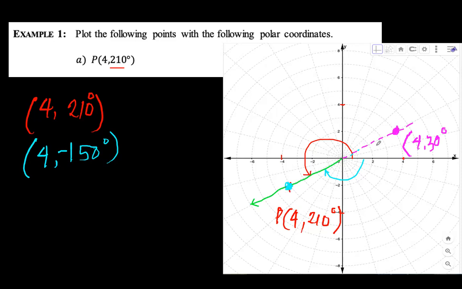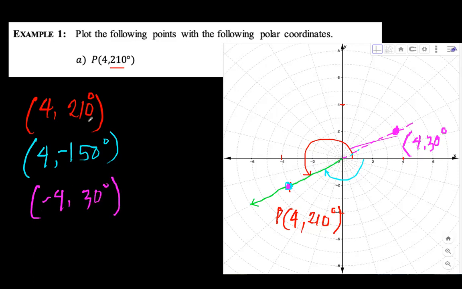Based on the rule, since they are opposite rays, we just need to convert the radius to its negative. So therefore, once we change this point here, the point becomes -4, 30 degrees.